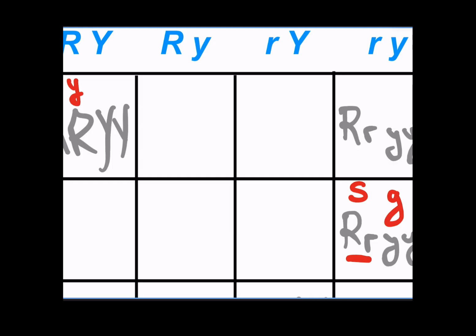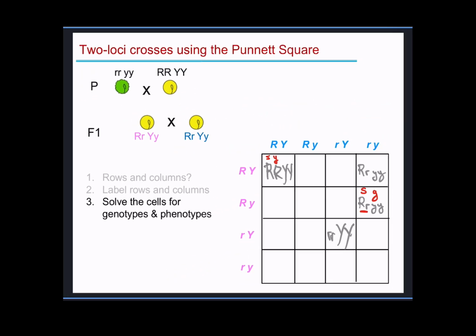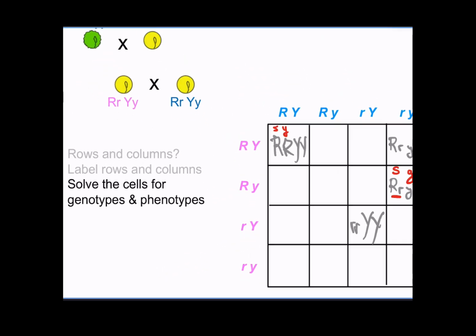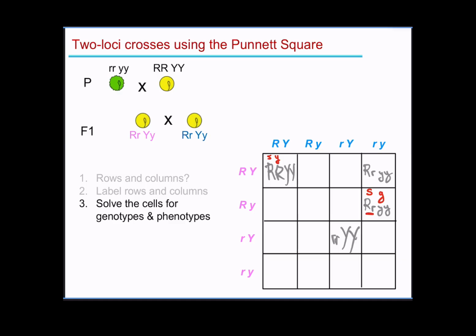Again, a little time consuming, but the reason why doing this with Punnett squares pays off is that then you have all the information in one place, and all you need to do is go around the square circling whatever question you're being asked. So if the question is, how many plants in the progeny will produce green peas? Then you're going around the square looking for any cells that have a G in them for green.